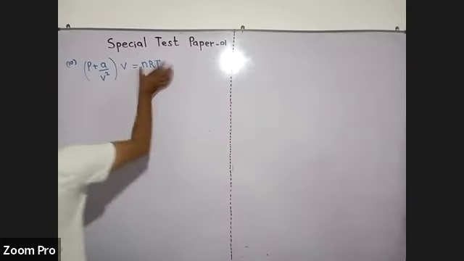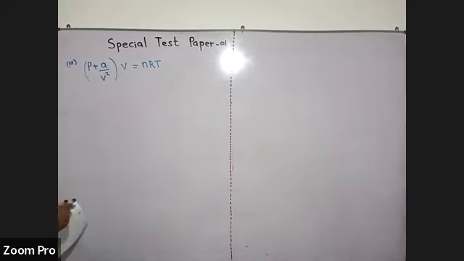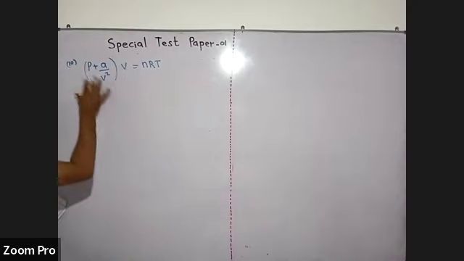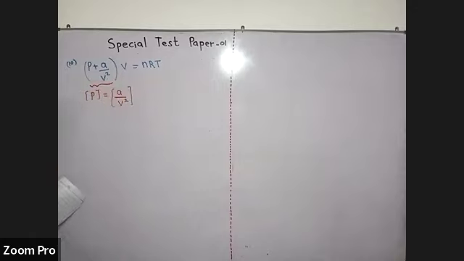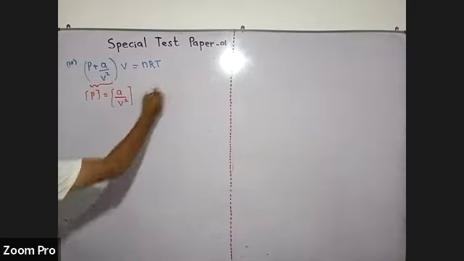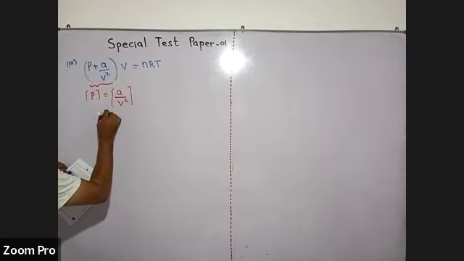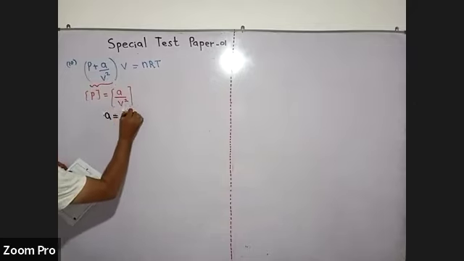So guys, in this equation you can see there's a bracket, and inside this bracket there are two terms. If the equation is correct, then the dimensions of P should be equal to the dimensions of A over V squared. That's the theory, right? If I make A the subject, then A equals P V squared.